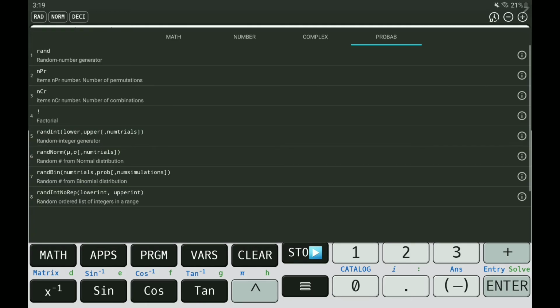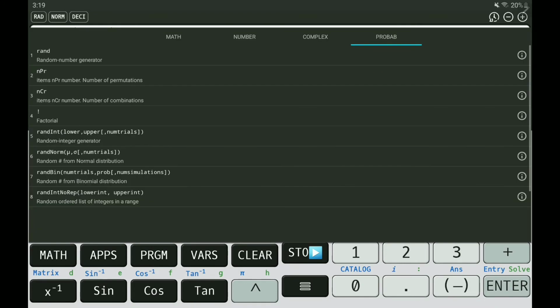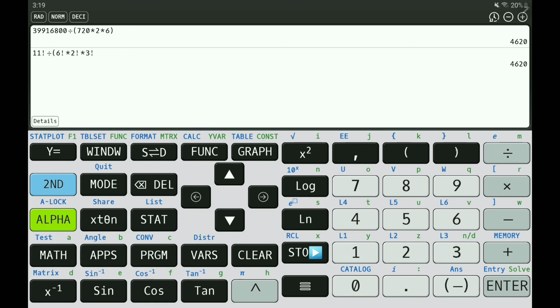When you go to math, go over to PRB. Mine says PROB, don't worry about that. Yours will say PRB. Go down to the fourth option, which says factorial. Now, divide that in parentheses by 6 factorial times 2 factorial, then times 3 factorial. And you get your answer of 4,620 as well.